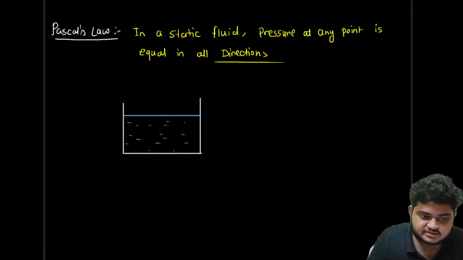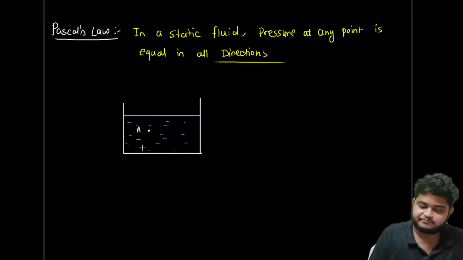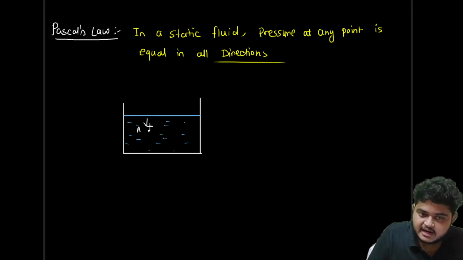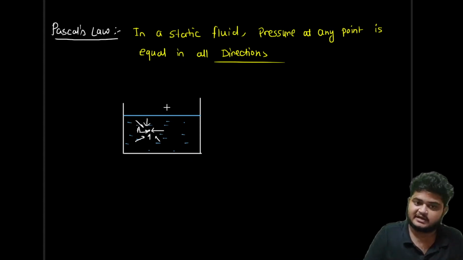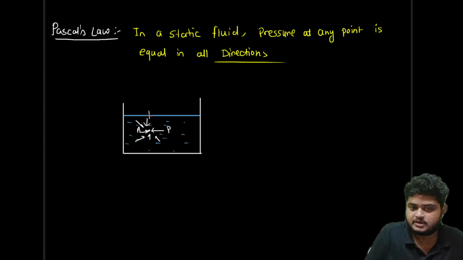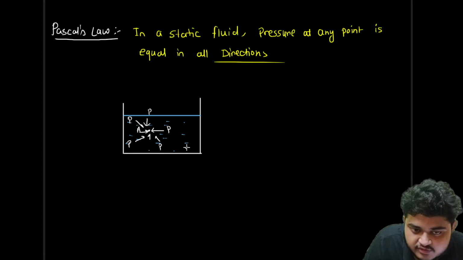Now let us check out this point. Let us name this point A. So pressure at that point A will be equal in all directions. All the pressure exerted by the fluid at that point will be P, P, P, P, P. Same.